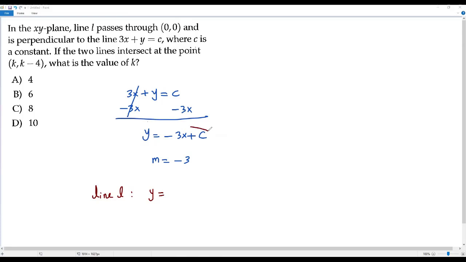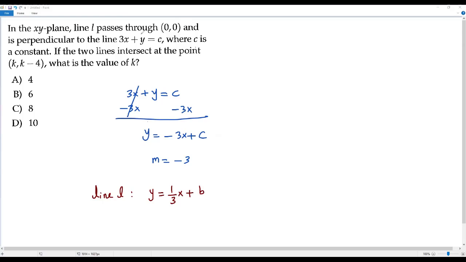So if the slope of that line is negative, the slope of line L, which is perpendicular to it, has to be positive, and we take the reciprocal of 3, which is 1/3. So the slope of line L is 1/3, and b is the y coordinate of the y-intercept.